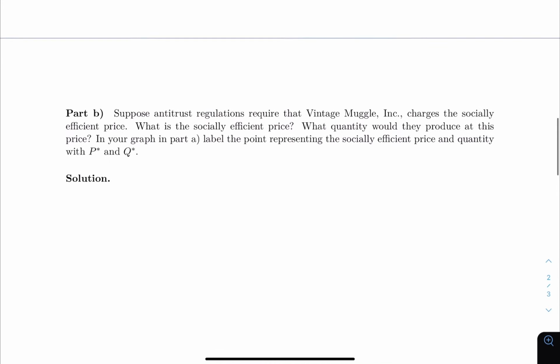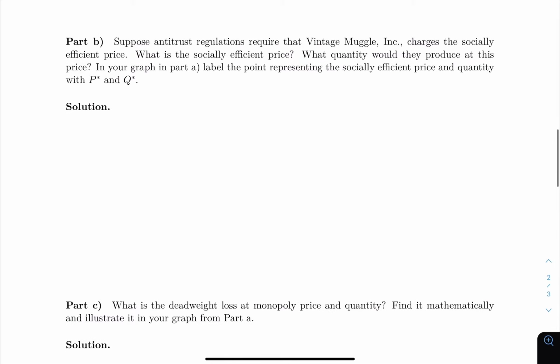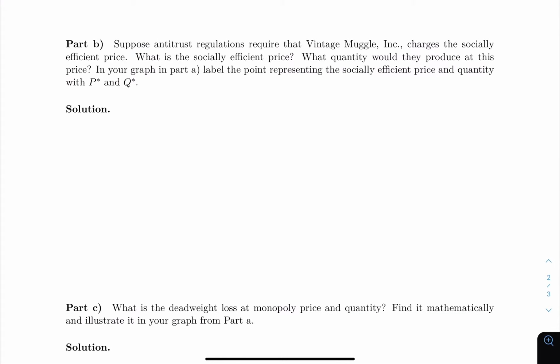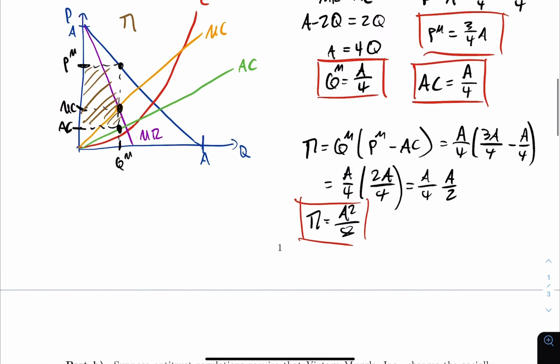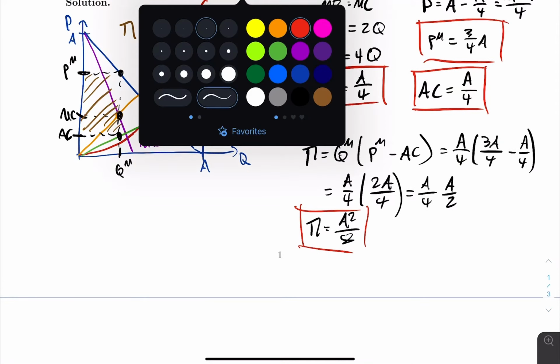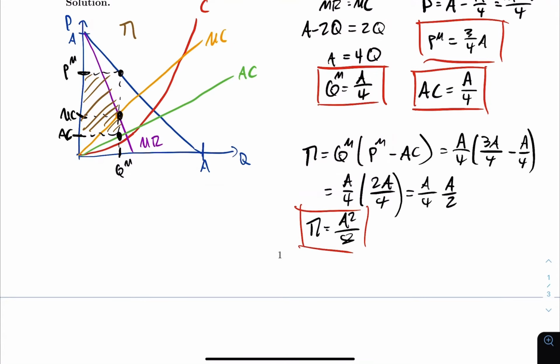So for part B, we're asked to charge the socially efficient price. To do this, we have to realize that the marginal cost curve is the supply curve. So this is the supply curve. The socially efficient price happens when supply equals demand.